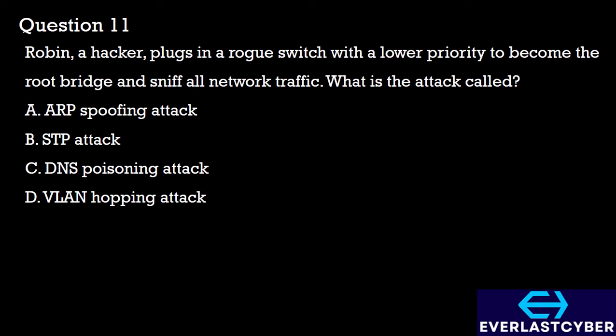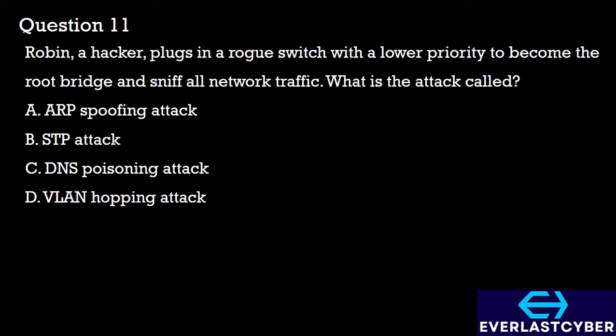ARP spoofing involves sending fake ARP messages to associate the attacker's MAC address with the victim's IP address, thereby allowing the attacker to intercept traffic. But this is not the attack we have in the scenario here. Robin is exploiting the spanning tree protocol, which is used in networks to prevent loops by creating a loop-free logical topology.